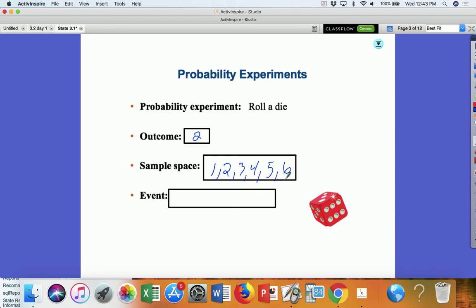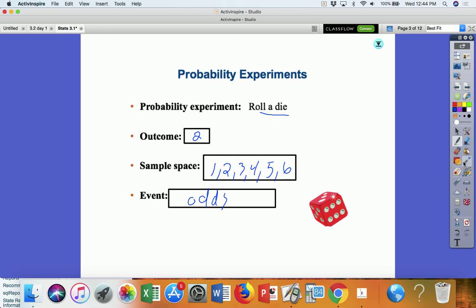Well, we're only rolling the die once. But give me something that would have more than one outcome. A 1 and a 3 and a 5. Right, so odds. That's what I'm saying. What's the chance that the number is odd? So that is not a simple one thing event.